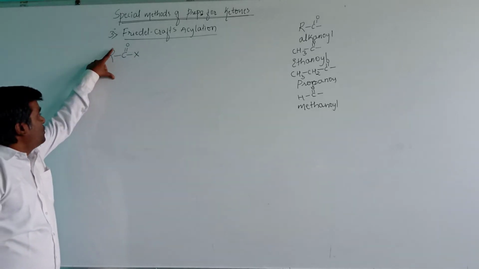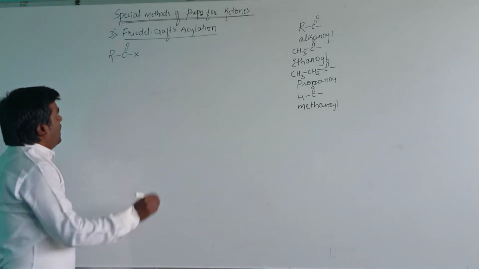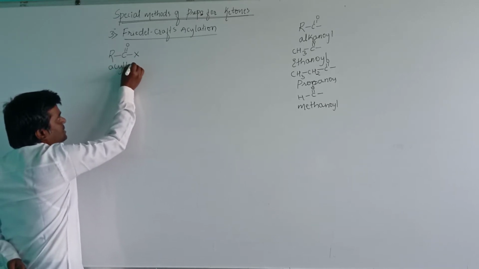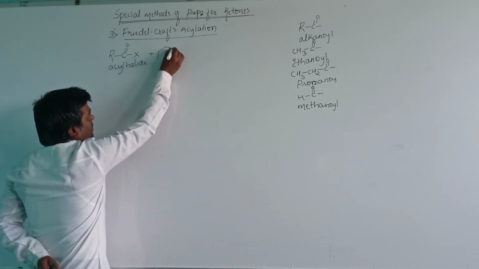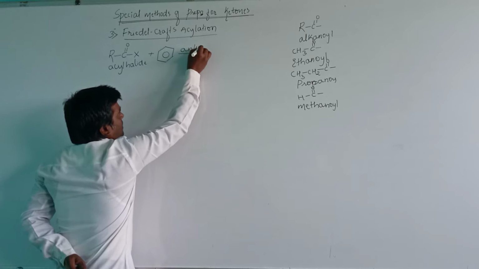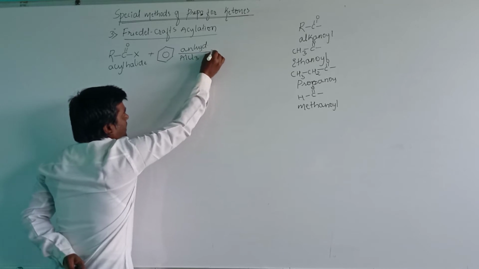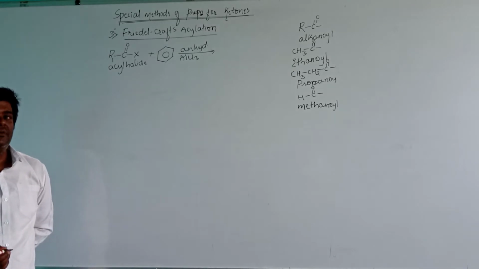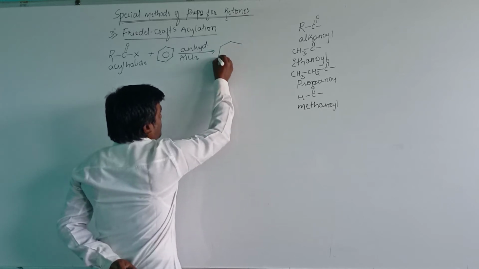With this acyl group we can take any R group example. When acyl halides react with benzene in the presence of anhydrous AlCl3, or in place of AlCl3 any halogen carrier like FeCl3, it gives a ketone.